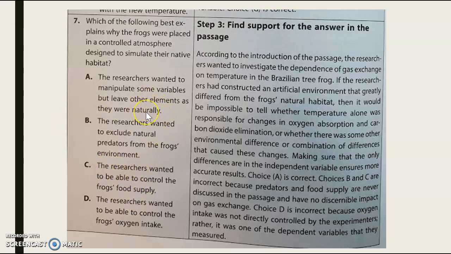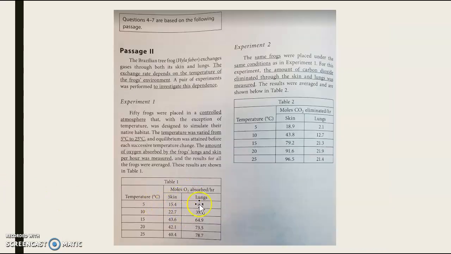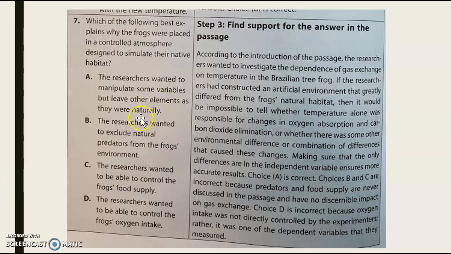They're going to give them a food supply. And lastly, the researchers wanting to control the frogs' oxygen intake, that doesn't even correlate well with what they're saying. They're not trying to control how much they take in, they're trying to measure how much they take in naturally. A would be our best answer for question 7.